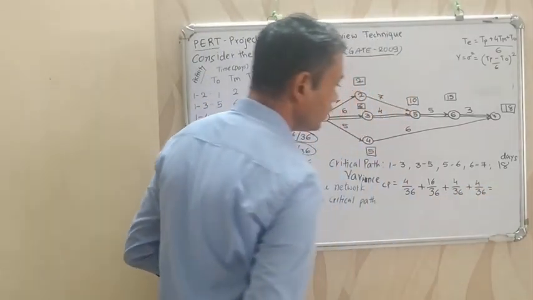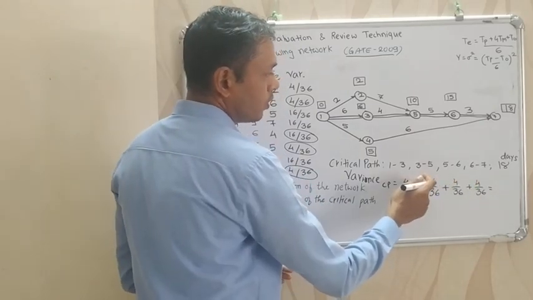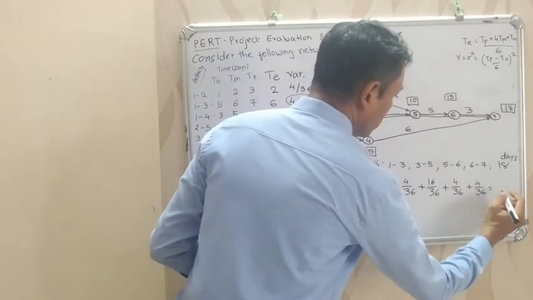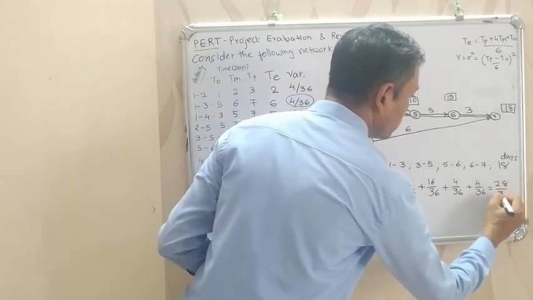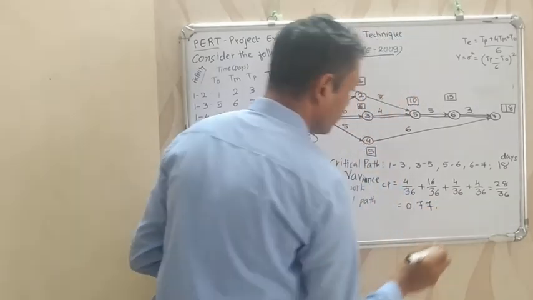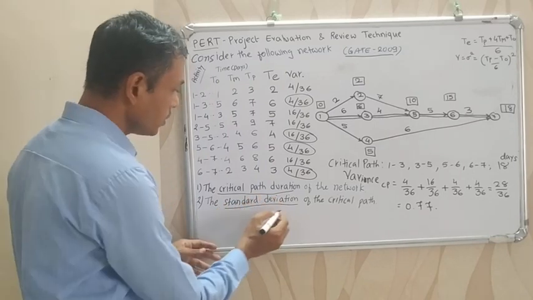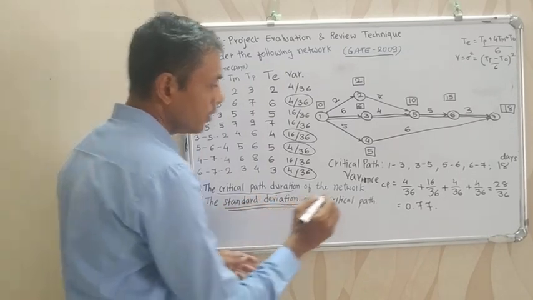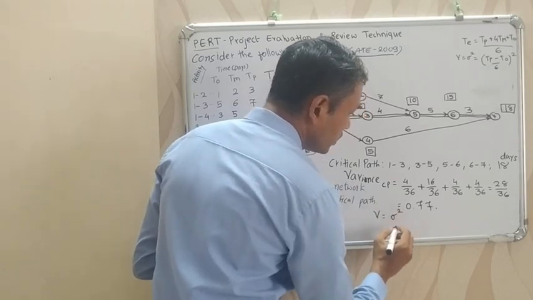So the total variance is 4 plus 4 plus 4 plus 16, so that is 28 by 36 days, that is equal to 0.77. Now in the question variance is not asked, standard deviation is asked, and we know that variance is equal to standard deviation squared.